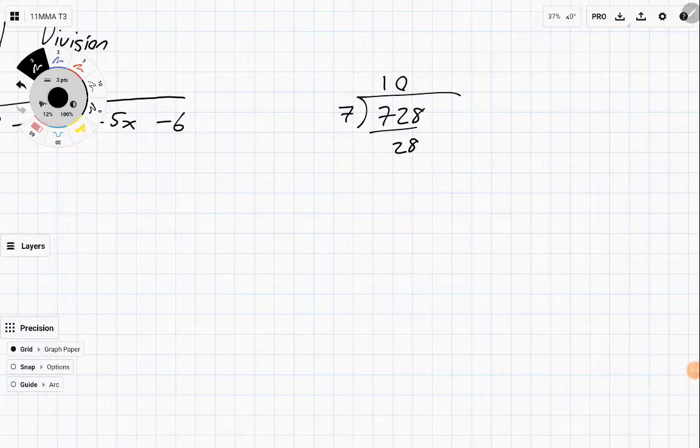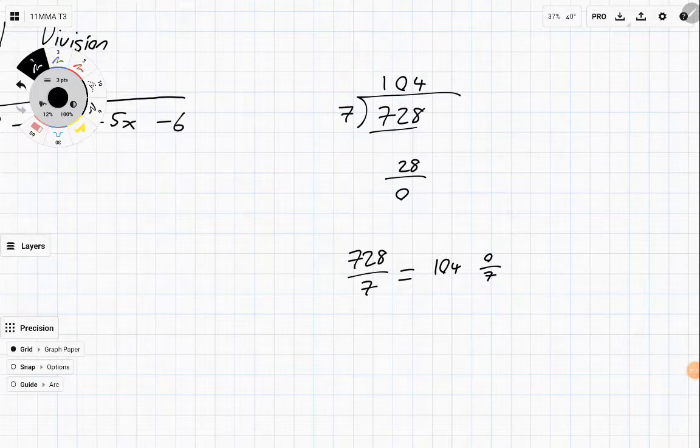It does not go into 2. So then we include the 8. How many times does 7 go into 28? It goes into 28 4 times, leaving 0 remainder. Therefore, 728 divided by 7 is equal to 104 and 0 sevenths. Basically, remainder 0.